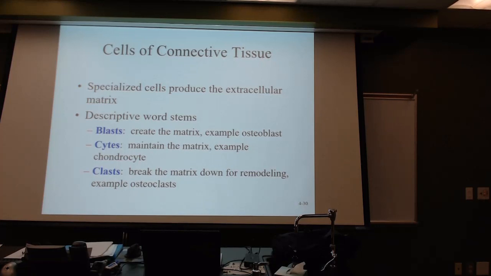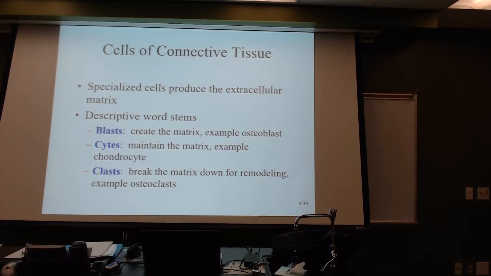Now, you're going to hear these terms a lot, because these terms, blasts, cytes, clasts, from now until you finish anatomy and physiology, those terms let you know at what stage a cell is.